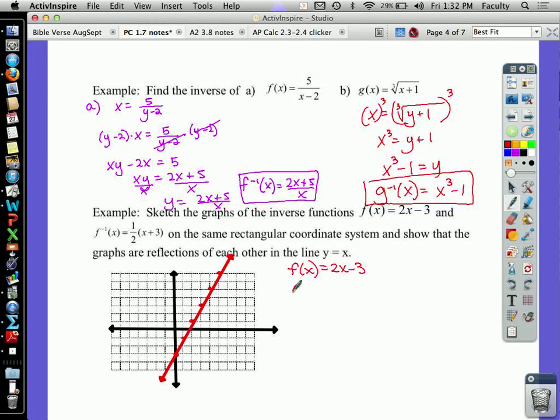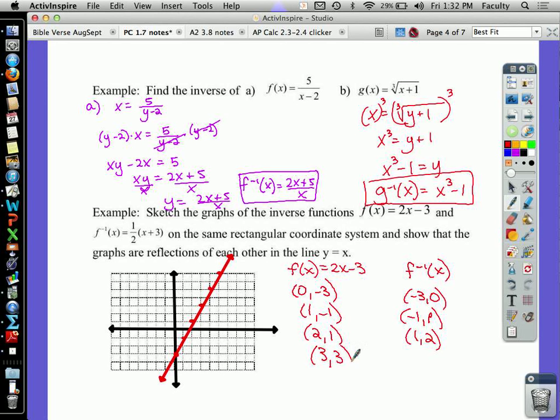So if I look at f of x, that's 0, negative 3. So f inverse of x must have the point negative 3, 0. And if I have 1 comma negative 1, the inverse must be at negative 1 comma 1. Then I have 2 comma 1, so that's at 1 comma 2. And then I have 3 comma 3.